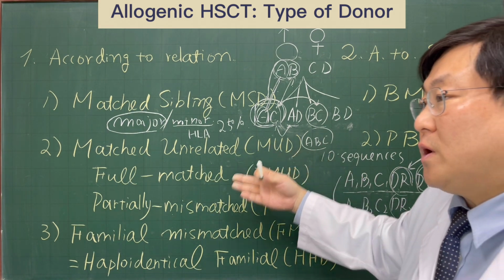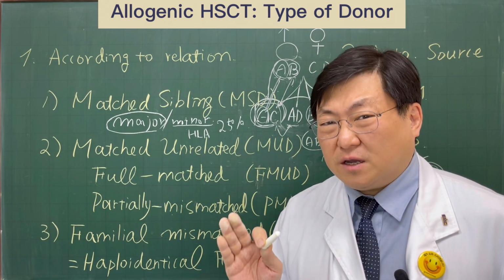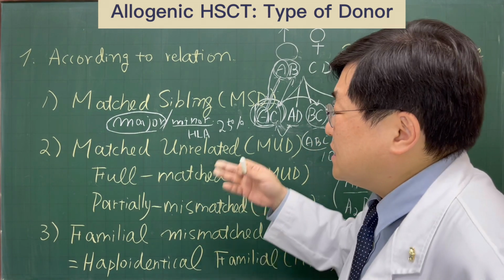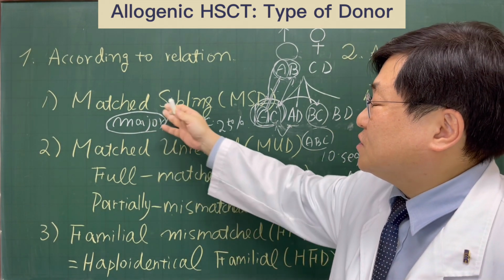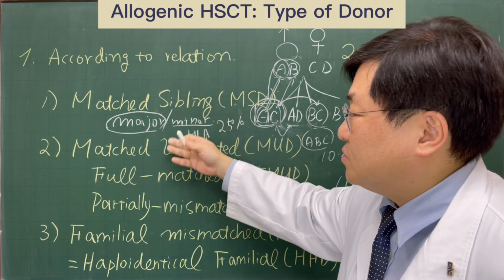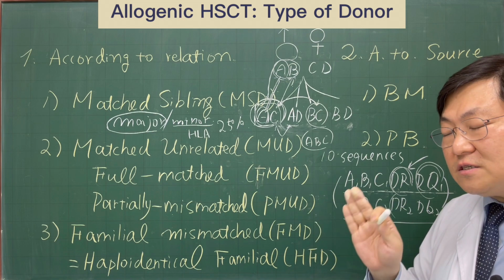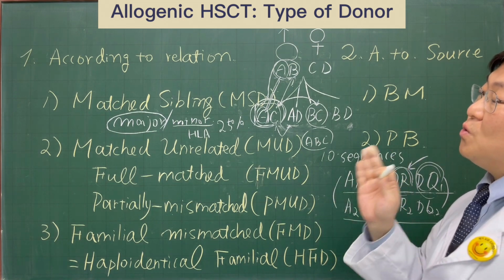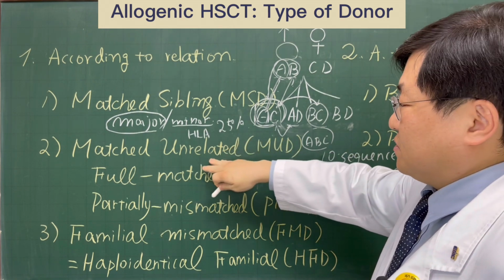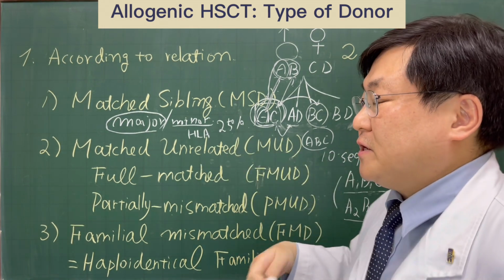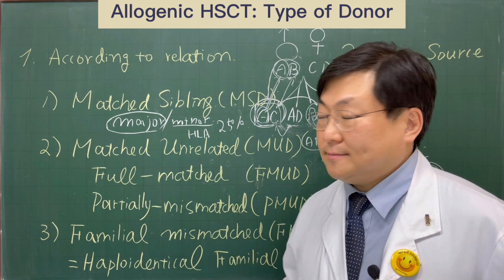But for aplastic anemia, the graft versus leukemia effect cannot be expected. So especially for aplastic anemia, the matched sibling donor is always preferable to the matched unrelated donor. But except for very specific exceptions, we can use both the matched sibling donor and the matched unrelated donor with the expectation of the same efficacy and the same complication rate.